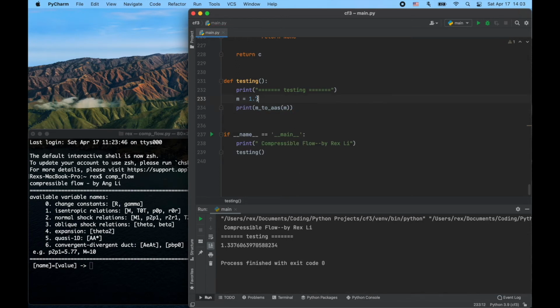This should be able to be found in table 8.1. It's 1.338. Yes, this is all right.